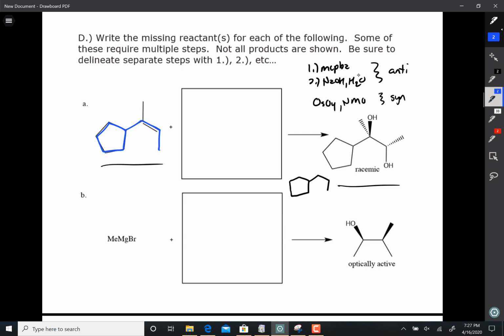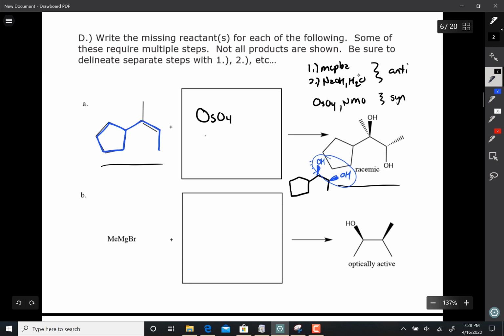If we redraw the molecule like that, the OH would be a wedge. And this OH is also a wedge, because we didn't rotate that part. And so if you take a look, these OHs are both wedges. That means we need osmium tetroxide NMO.